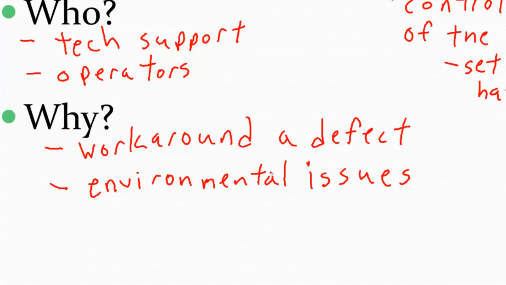I mean the operating environment. For example, you may run out of disk space, so you can change the configuration to use a different hard drive to store data on. Or maybe a database has gone out, and so you have another database, and you just change the configuration so that it points to the new database.